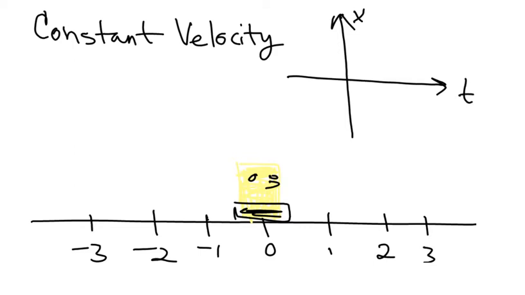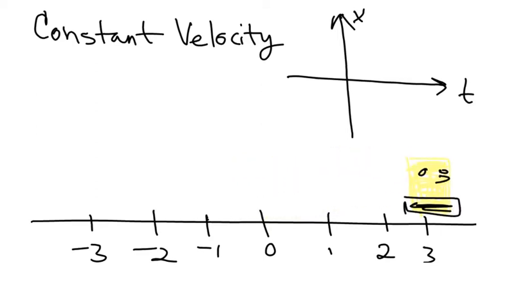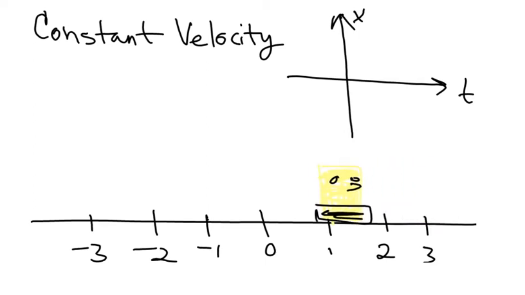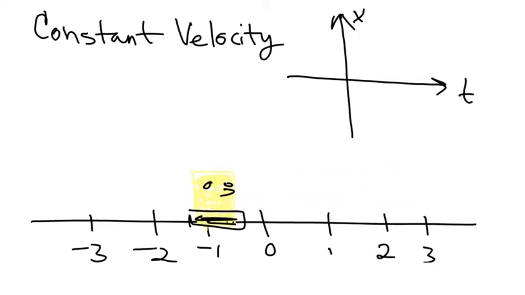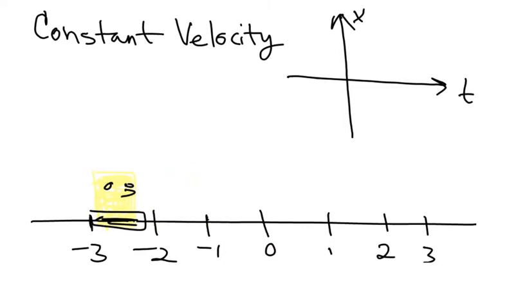Let's say that SpongeBob is moving around at a constant velocity. Maybe he starts out at the 3, and 1 second later he's at the 1, and 1 second later he's at the -1, and 1 second later he's at -3.